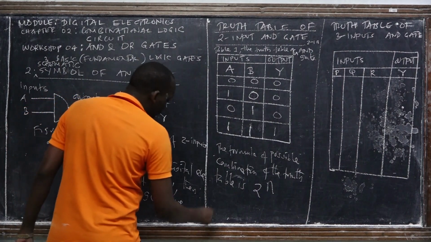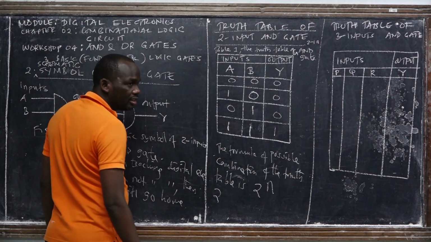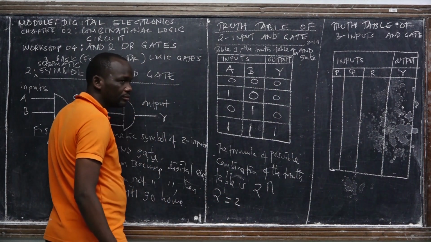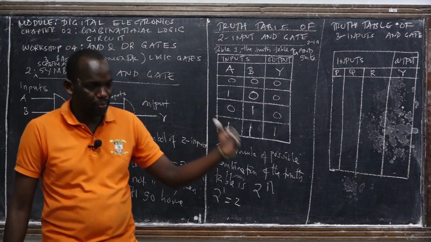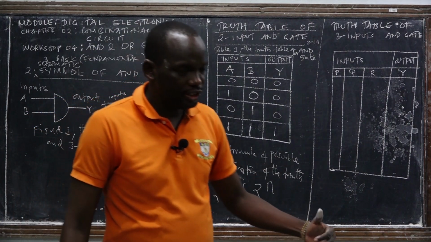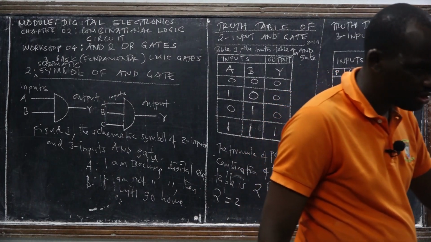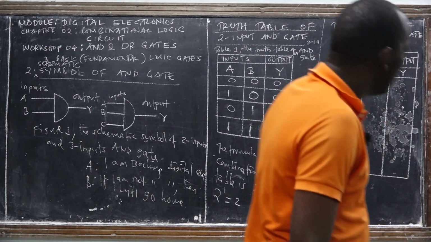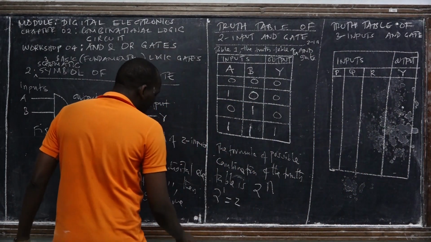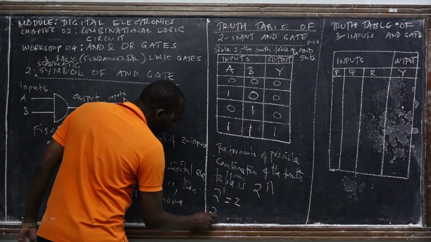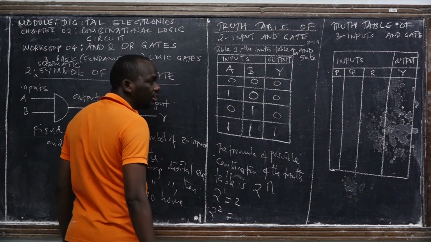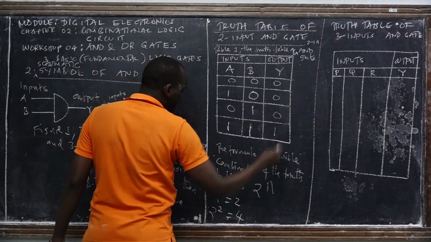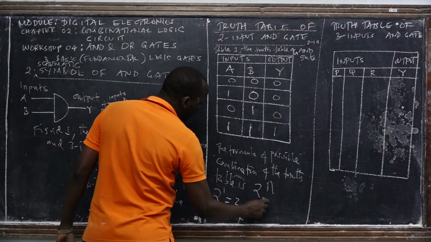In the NOT gate we had only 1 input, so 2 power 1: only 2 combinations. When the binary bit is 0, it is inverted into 1, and 1 is inverted into 0. That's all. For the AND gate with 2 inputs, what is the number of inputs? 2. 2 power 2 is what? 4.